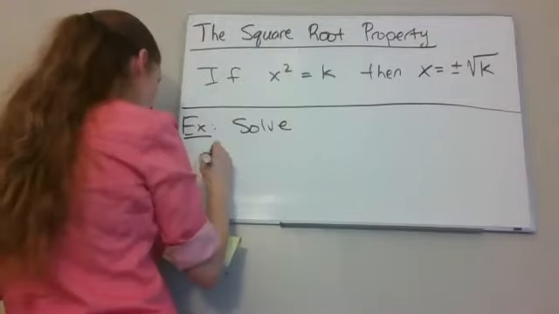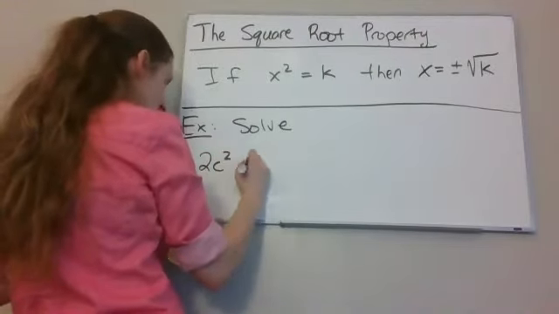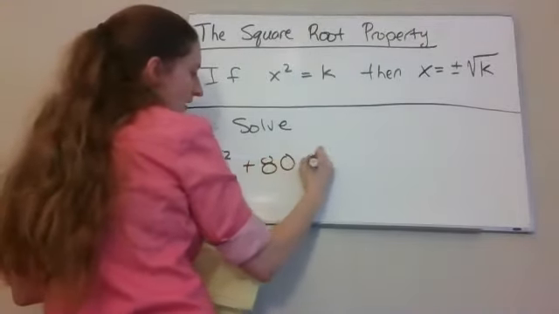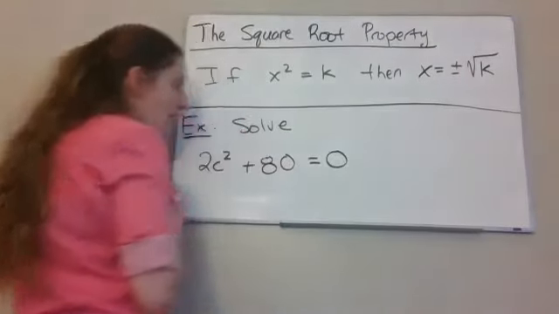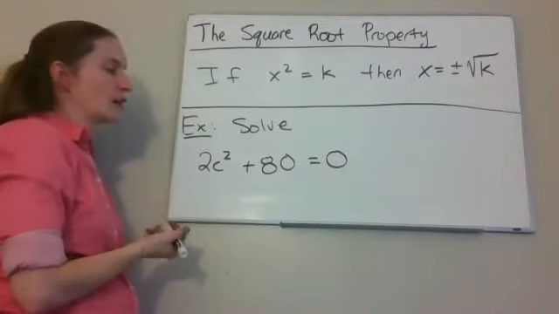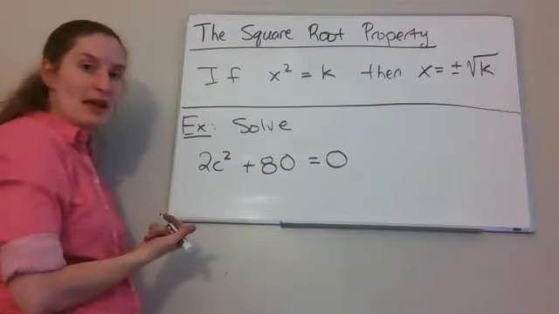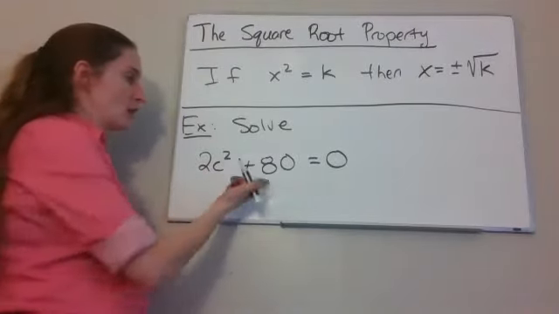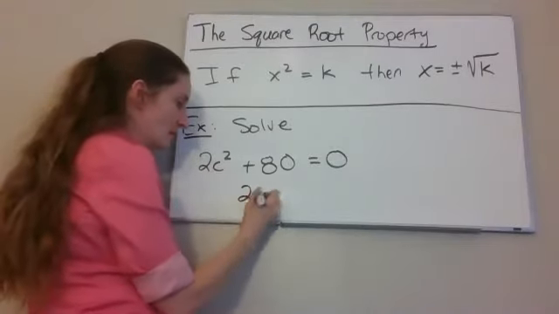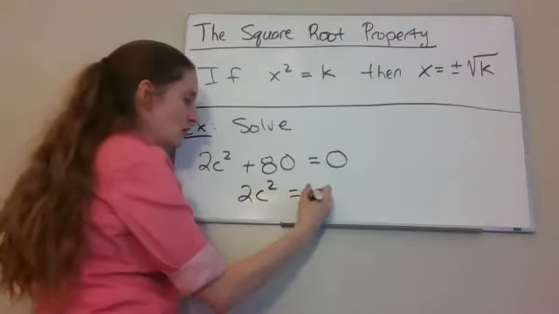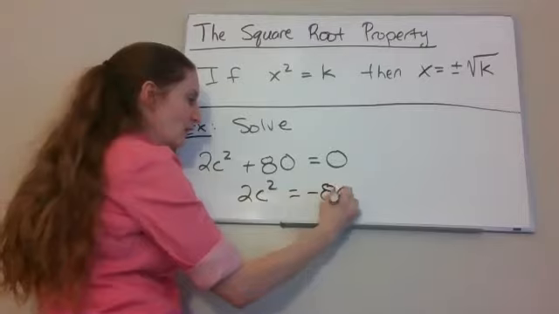We will solve 2c squared plus 80 equals 0. That's not quite in the correct form to be able to use this property yet, but we can make it in the correct form. I'm going to subtract 80 to get 2c squared equals negative 80.